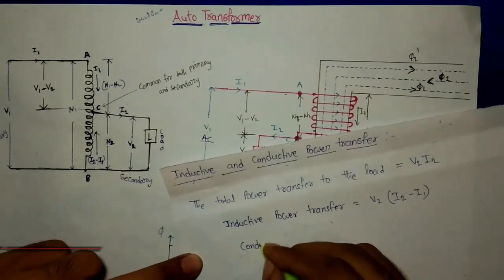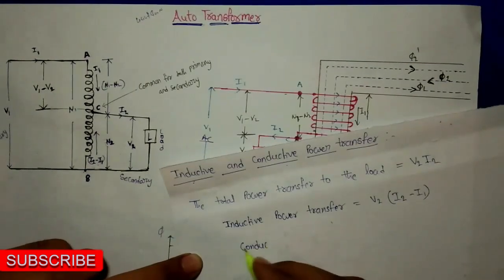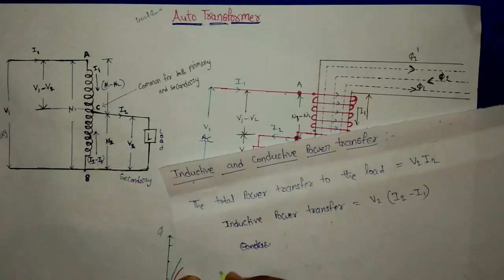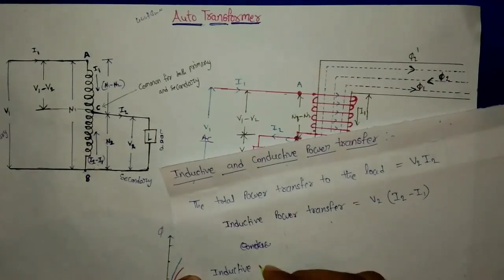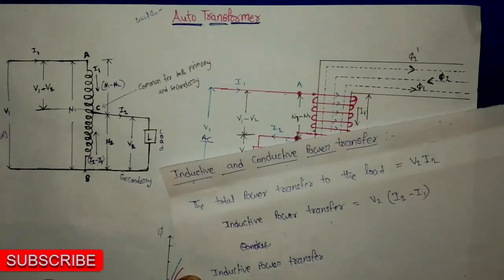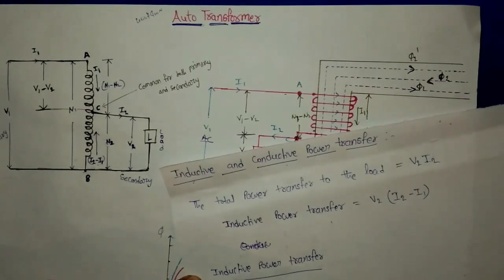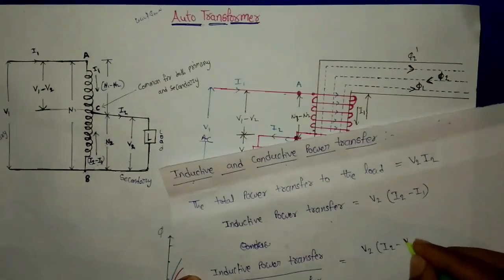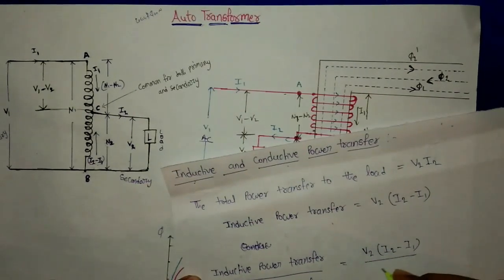Then the ratio of inductive power transfer by total power transfer is equal to V2 into I2 minus I1 by V2 I2.